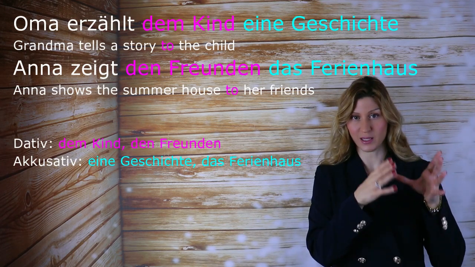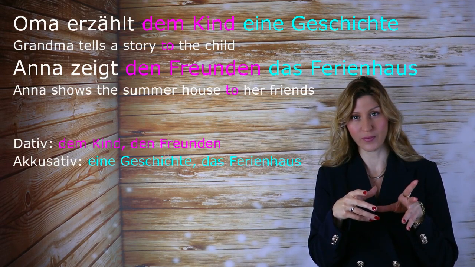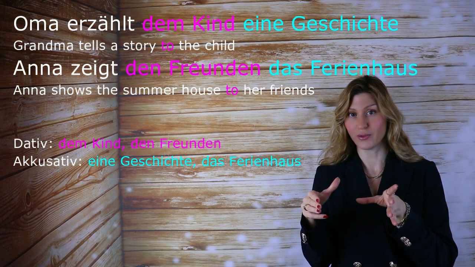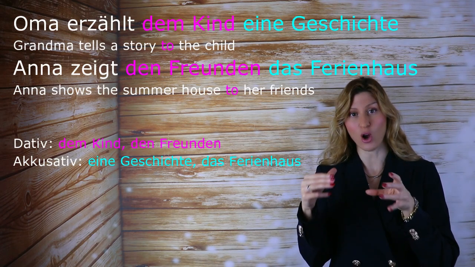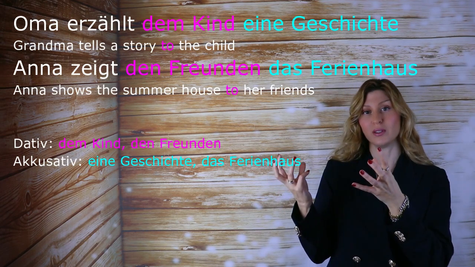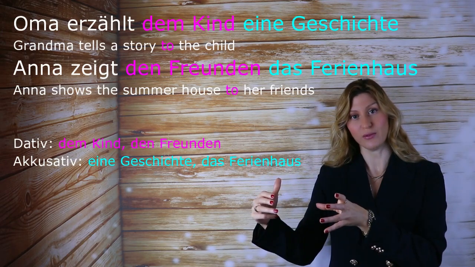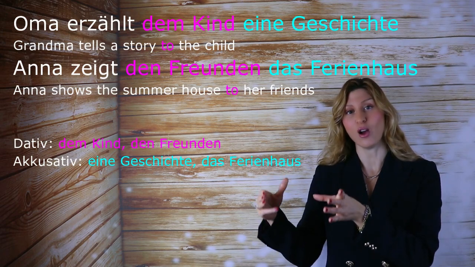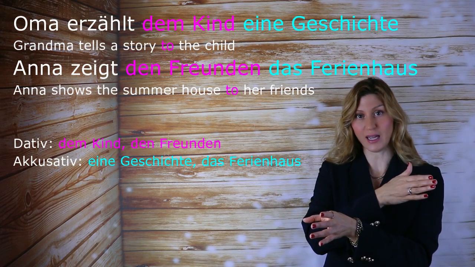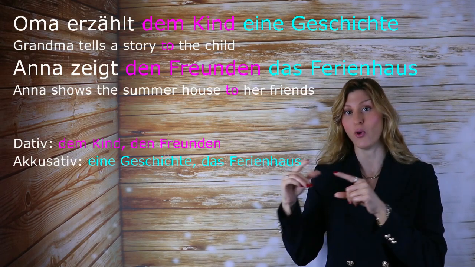Because we have Oma as the subject, nominative, erzählt, verb, dem Kind, dative, it's the indirect object, and it receives the direct object. And then we have eine Geschichte, accusative, the direct object. And you see dative, dem Kind comes before eine Geschichte. So usually dative before accusative.